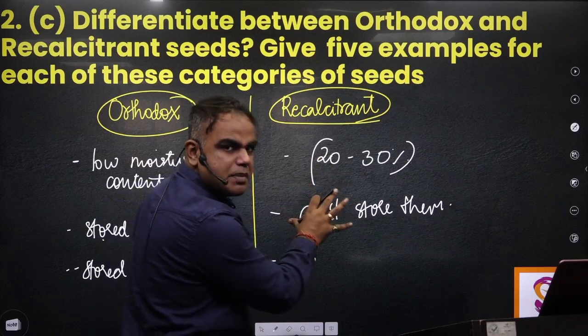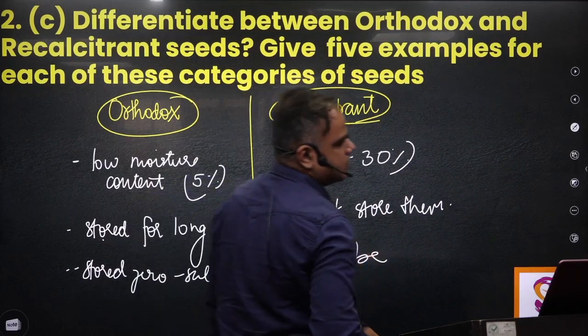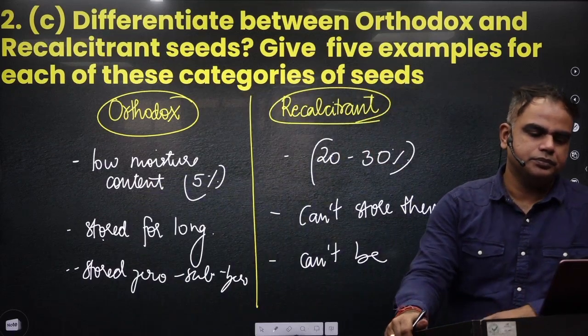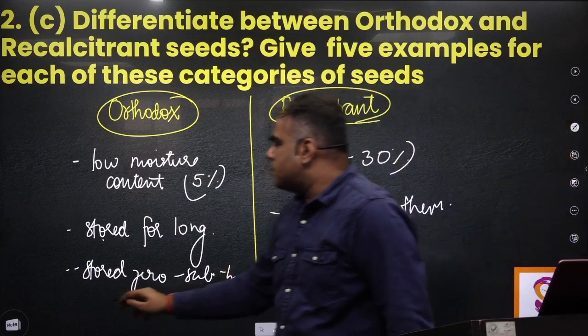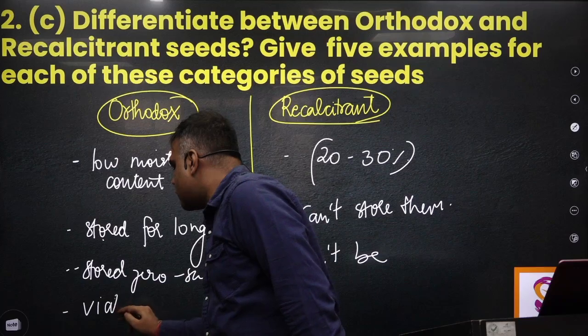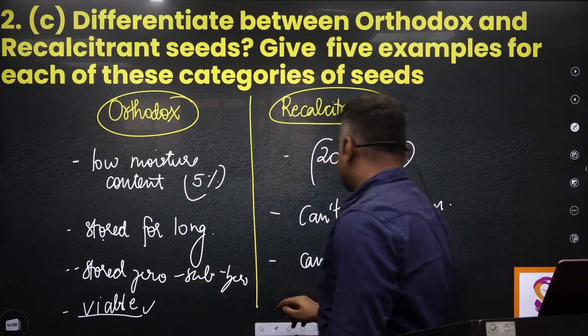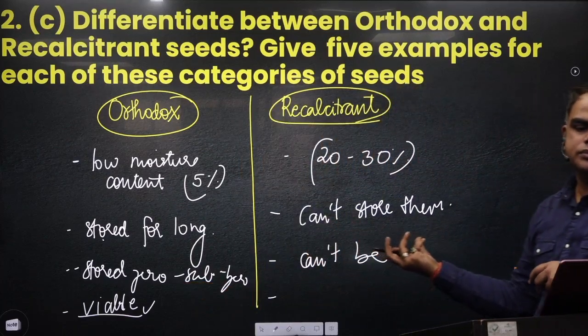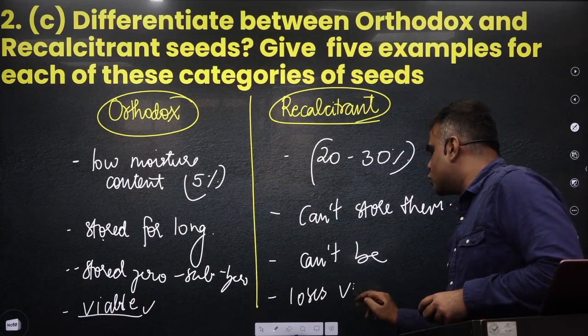This is very much temperature sensitive, so this cannot be. Now it remains viable even if you store it for long periods at such temperatures. This one does not, so it loses its viability very soon.